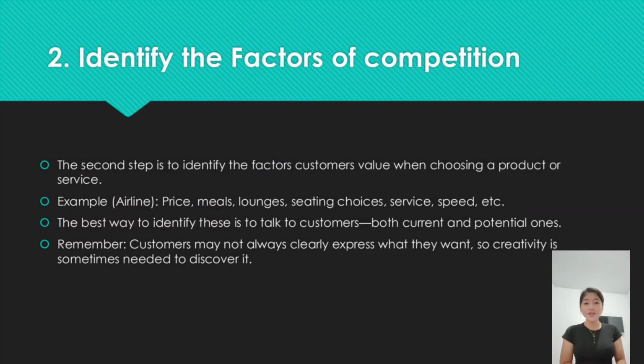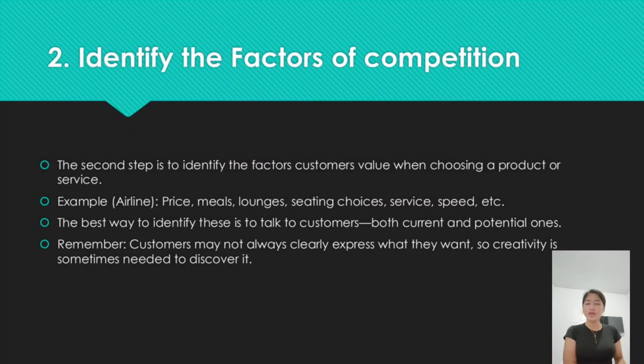Next, identify the factors of competition. After knowing the competitors, they identify what factors customers value when choosing a product or service. This may include price, speed, comfort, safety, of course, quality or design, depending on the industry.